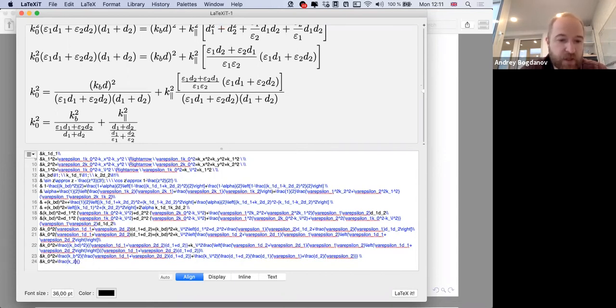It's just k_z square, and here I should write epsilon. So when my wave has only k_z component is ordinary, and here plus k parallel extraordinary.